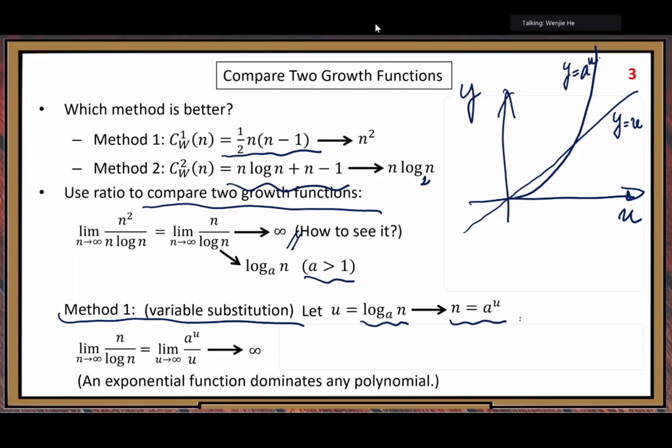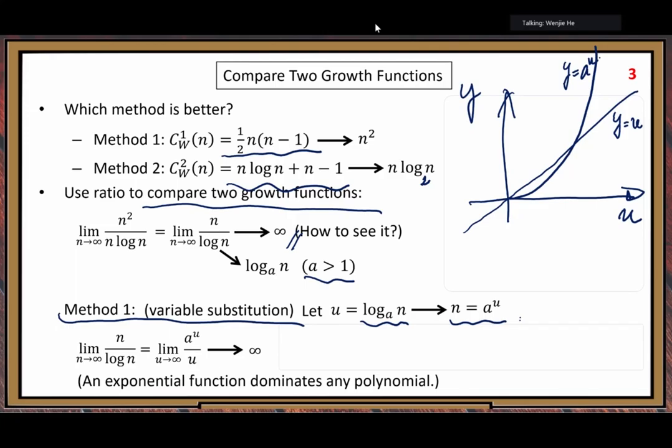A to the u increases much faster. So there is a result: an exponential function dominates any polynomial.